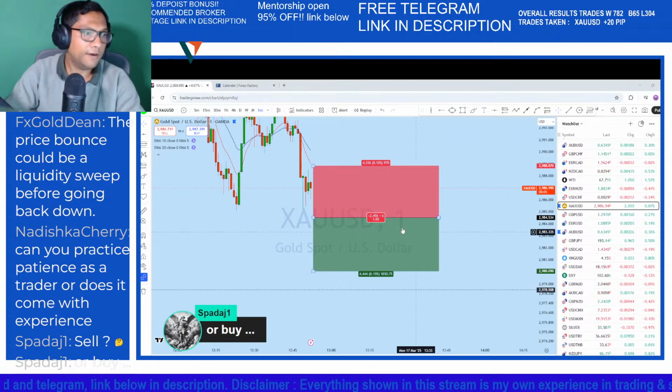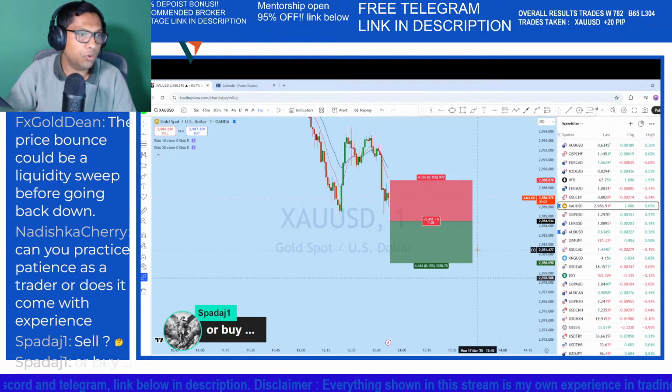So place the sell stop here on XAUUSD. If the market manages to break below, we will be entering into the trade.